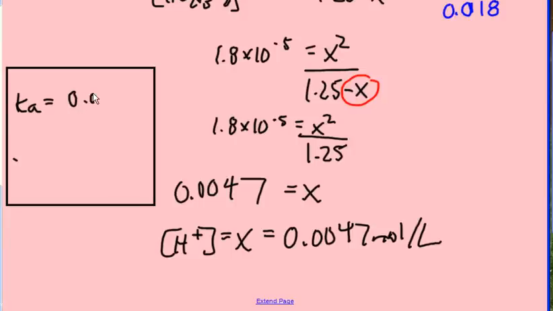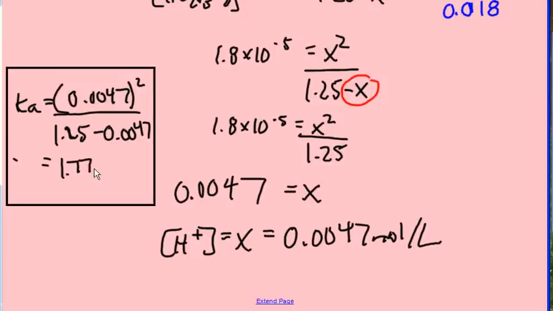So x squared, 0.0047 squared divided by 1.25 minus 0.0047 equals, and I get 1.77 times 10 to the minus 5, which is close enough to 1.8 times 10 to the minus 5 that I feel good about the assumption.